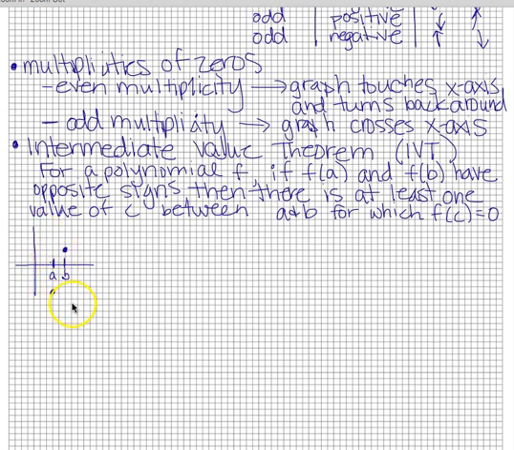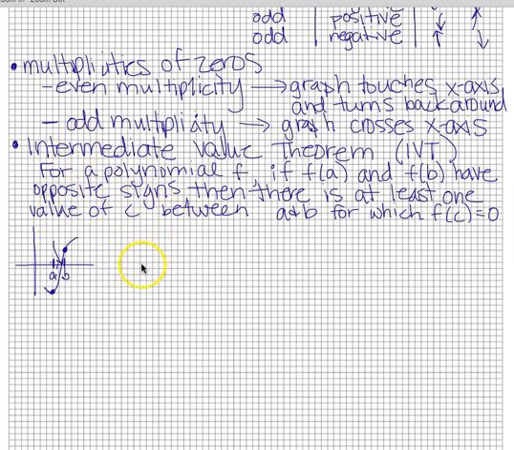But regardless, if these y values have opposite signs, because polynomials are smooth and continuous curves, that means in order to connect this continuously, there has to be some sort of curve going through here, which means that I have to have some value of c in here where the y value is 0.